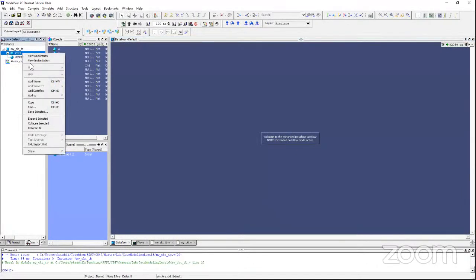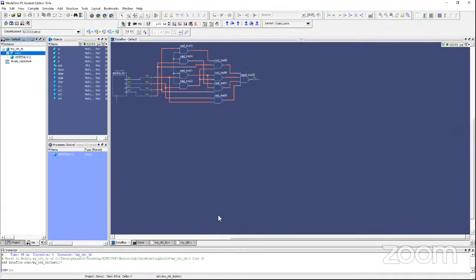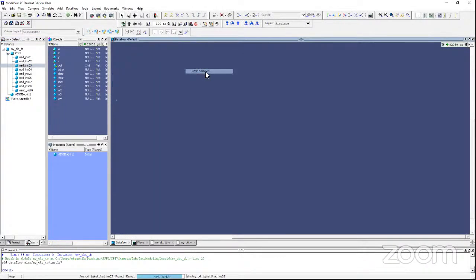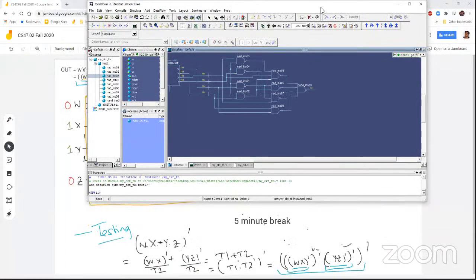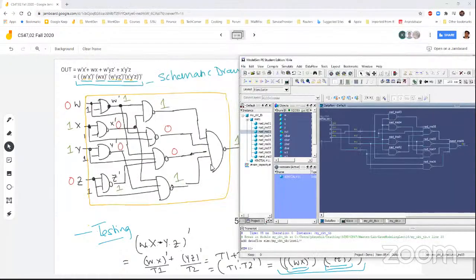Let me see. Can I do? Okay, yeah, the data flow. Okay, so this one. So let's see. Expand, unfold. Yes, see, we have exactly the similar circuit as we actually had, 4 NAND from the primary input side, which is right here, another 4 NAND right here, and a 4-input NAND finally here.